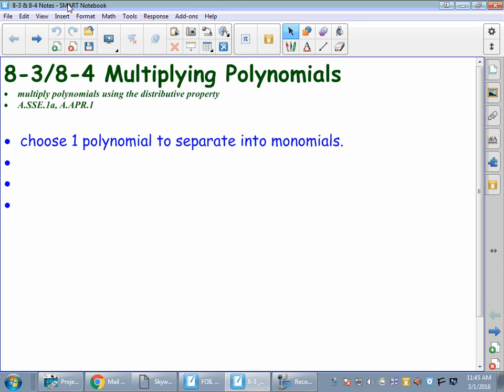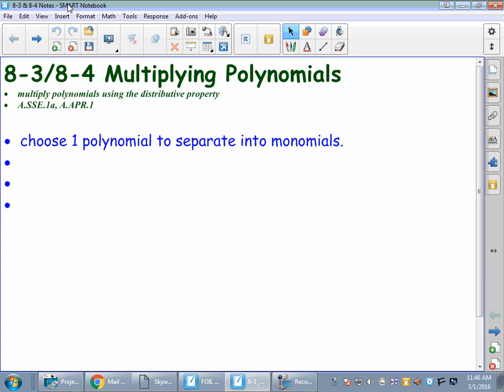So we're going to resort back to the distributive property to help us with this concept. We're going to do exactly what we did in the last lesson and use the distributive property. In order to use it, we have to decide which polynomial we want to break into separate monomials.